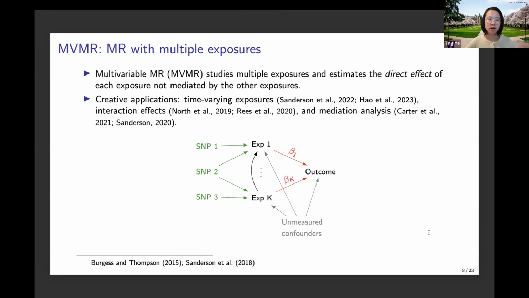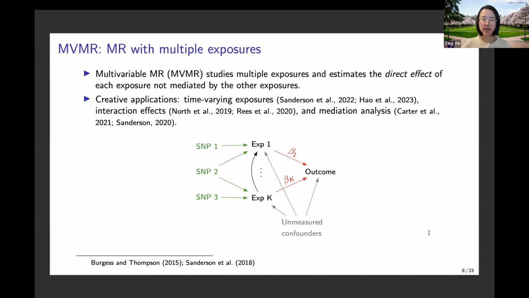So now let's move on to multivariable Mendelian randomization. It's basically Mendelian randomization with multiple exposures. MVMR is a helpful extension because it can study multiple exposures simultaneously. Because in some applications, we are interested in how this system of multiple exposures affect the outcome.